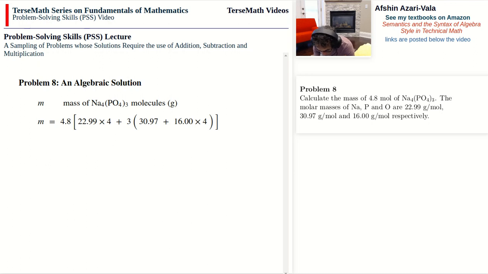My expression would become 4.8 multiplied by 22.99 times 4 plus 3 open bracket 30.97 plus 16 times 4 close bracket, and you can see this is not as easy to read as this one, right?